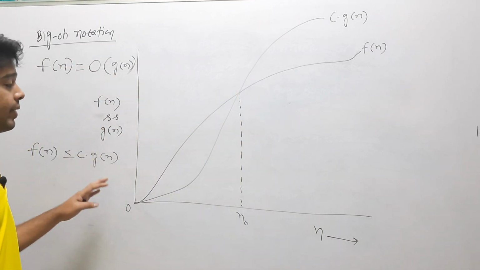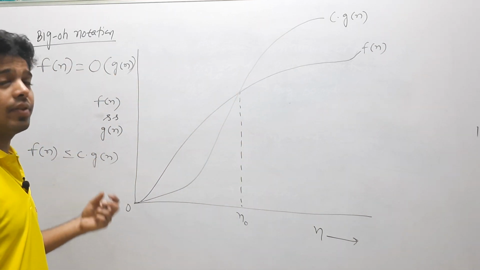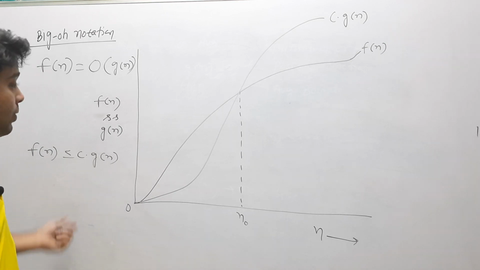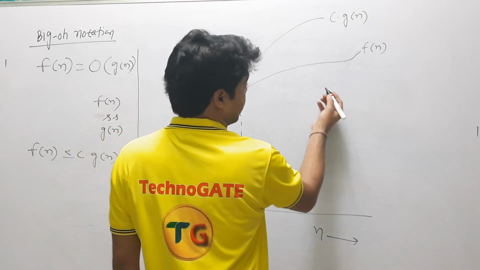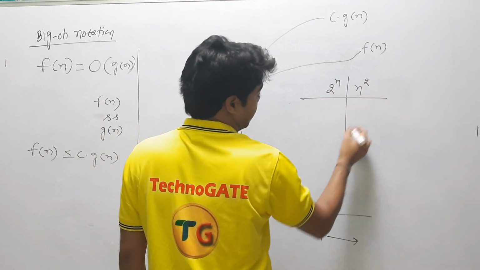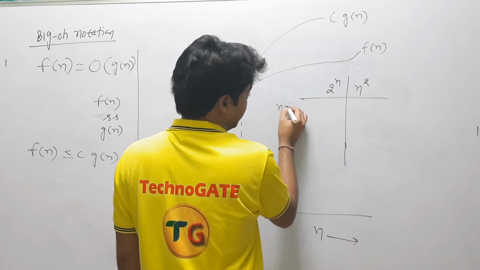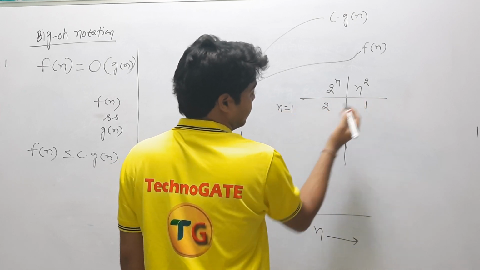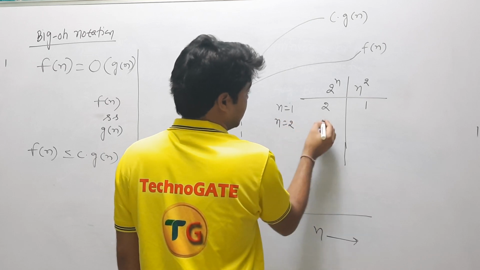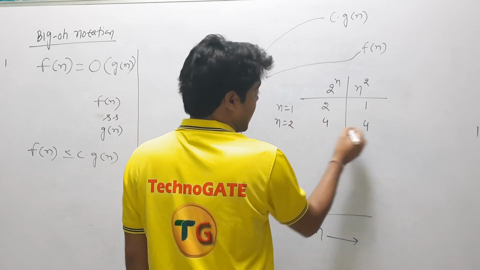After some point there may be chances that they meet, but after this point the G(n) growth rate must be larger than F(n). Suppose we take 2 raised to the power n and n square. For n is 1, this is 2 and this is 1. For n is 2, this is 4 and 4, so at 4 both are meeting.